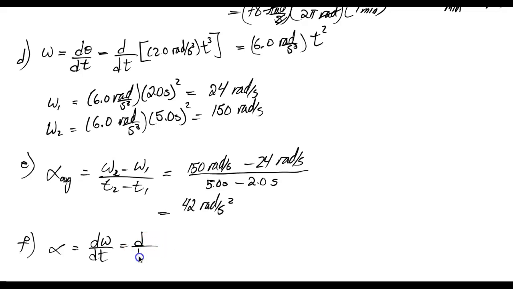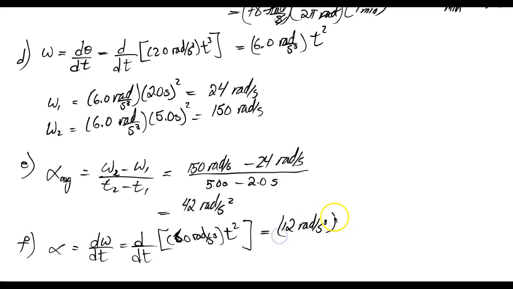So that's the derivative with respect to time of the function for the angular velocity omega, which is 6.0 radians per second cubed times t squared, again, t being the only variable here, so this gives us 12 radians per second cubed times t.